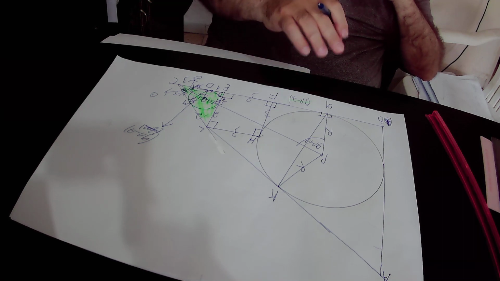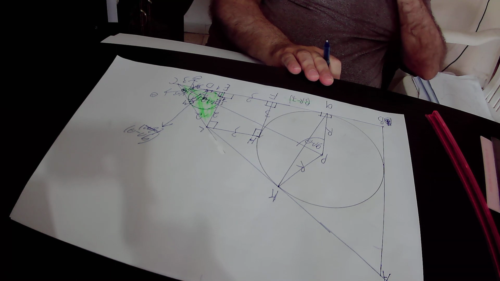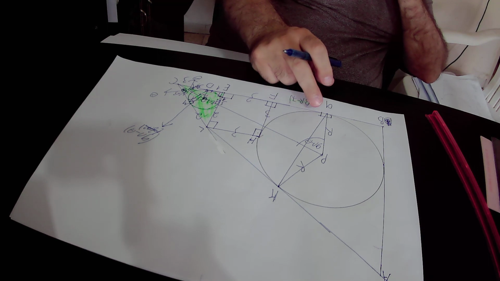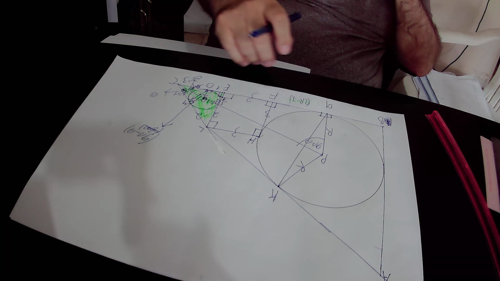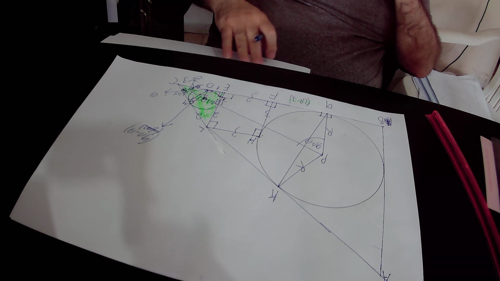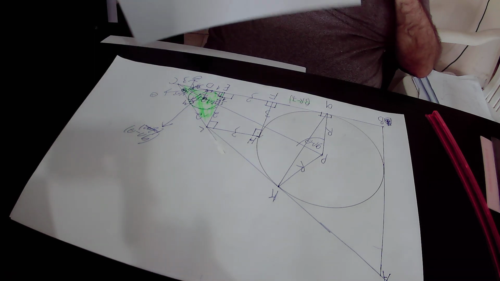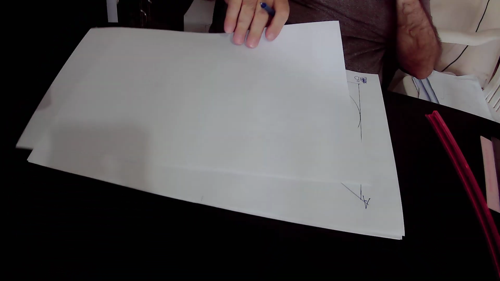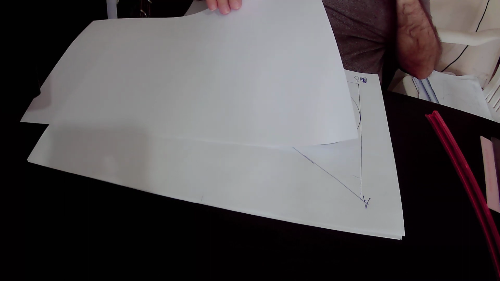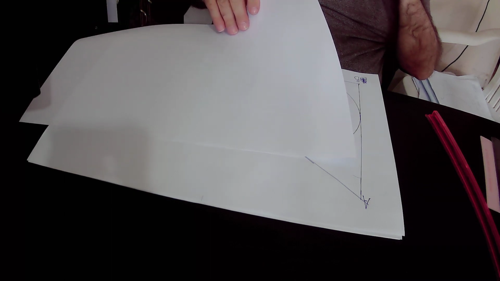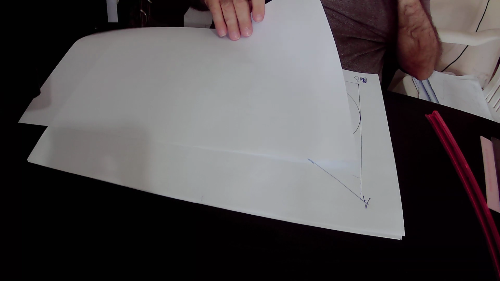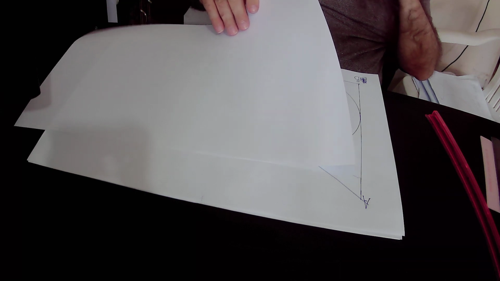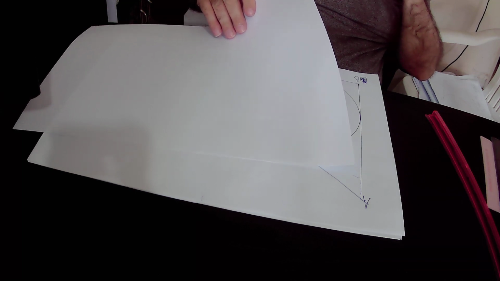The radius of this big circle can be less than 3 units, it can be equal to 3 units exactly, and it can be greater than 3 units. So we'll examine and analyze each case in order to find out what is the correct case that applies to our drawing.